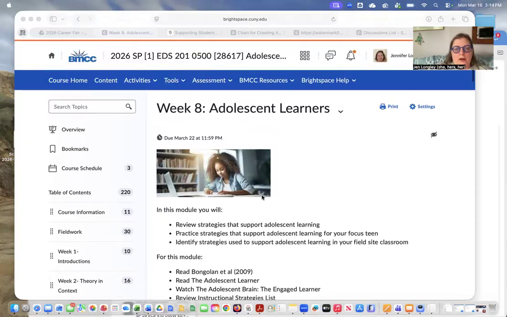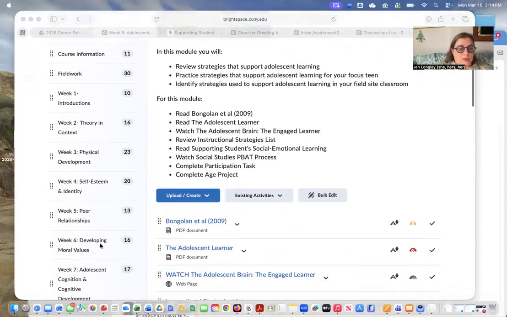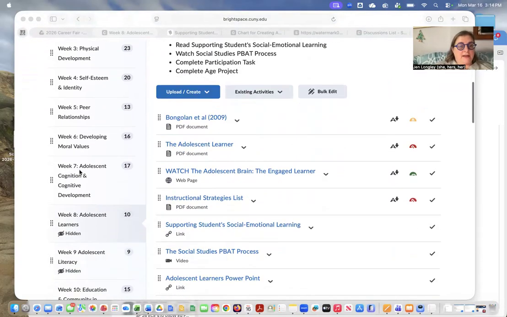Let me share with you what we're going to be doing this week. We are looking at adolescent learners. We have looked at development and theory related to adolescence. We finished looking at cognition, thinking, and adolescent cognitive development.